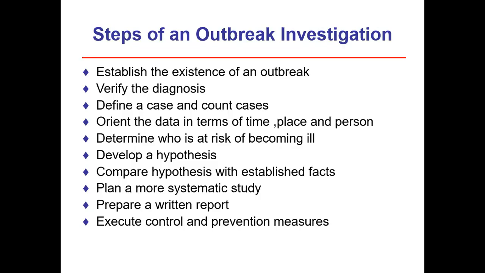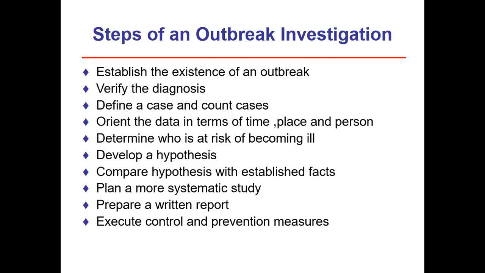And then define a case. What's a case? Who has the disease? And then what are the numbers of persons that have that disease? So, define the case and count it. Arrange your data in terms of time, person, and place. That's descriptive epidemiology. The number of people who have it, you have to organize them by time, person, and place characteristics.